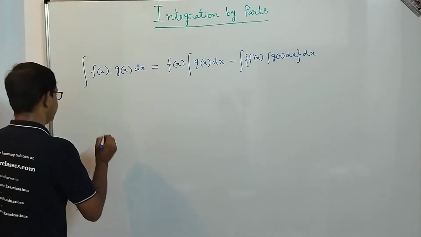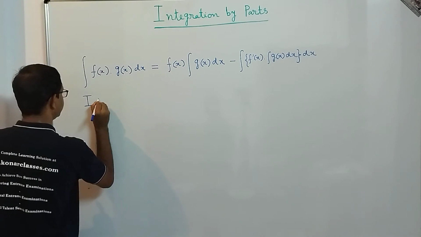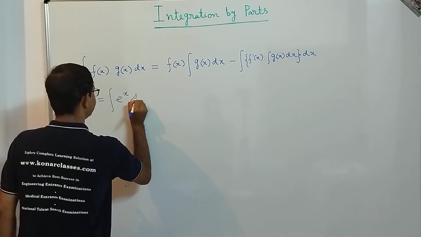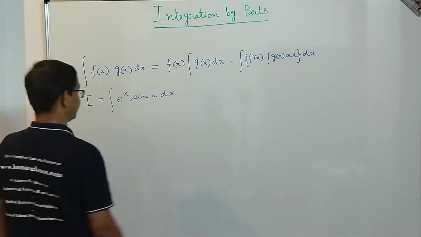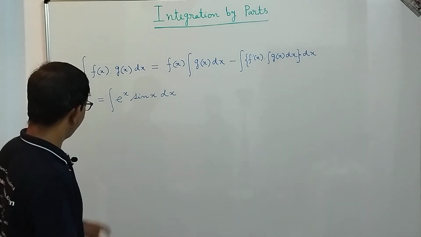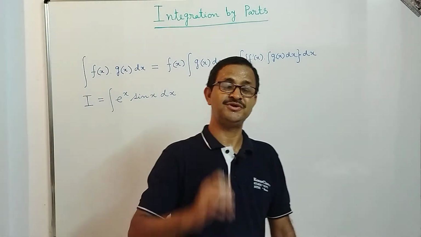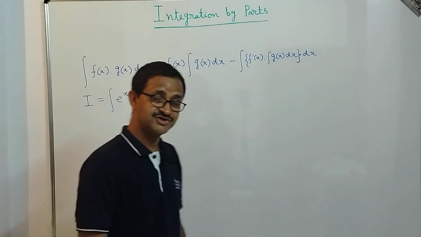Suppose we assume that the integral is denoted by I, equal to the integral of e power x sin x dx. Now we see that e power x is directly integrable, and sin x is also directly integrable. So between these two, which one to select as the first function?